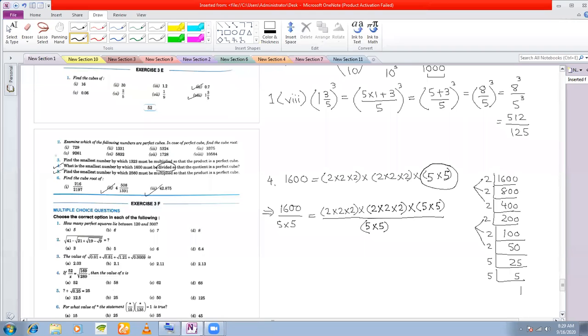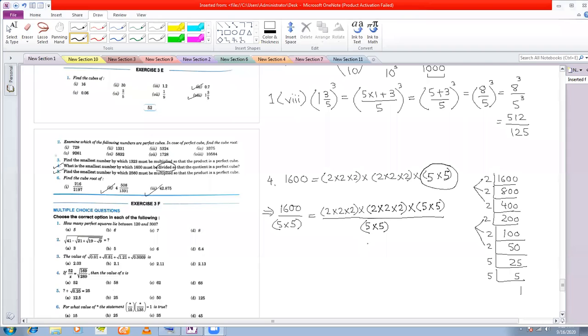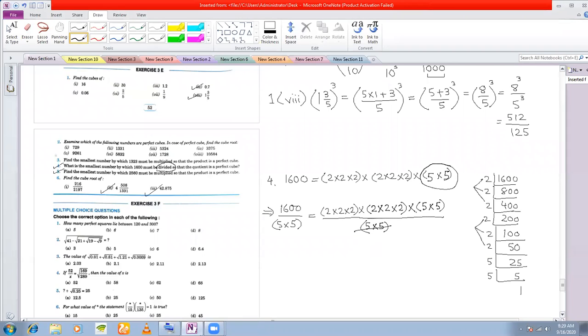So I am dividing both sides by 5 into 5. Why am I dividing? Because I want 5 into 5 to get cancelled here.